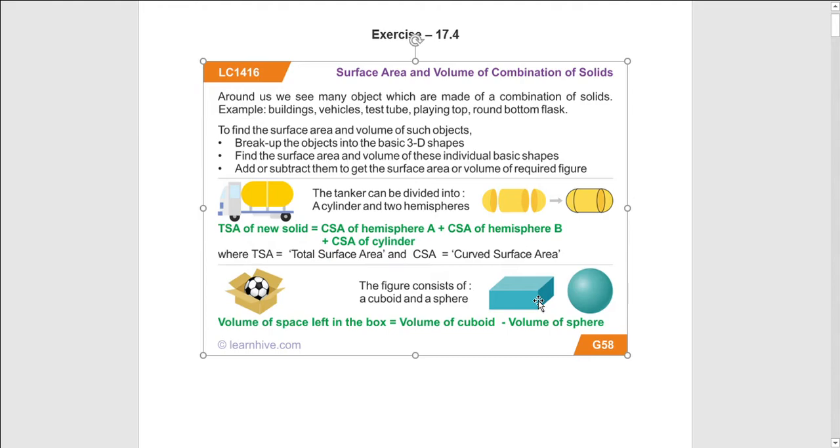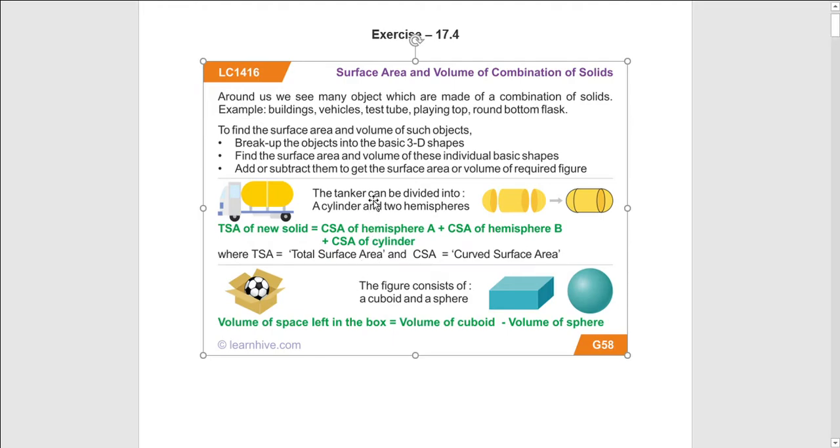And the volume of the cuboid is L into B into H. A cube is like your dice. The volume of the cube is a cube, where a is the side of the cube, and the surface area is 6a square.